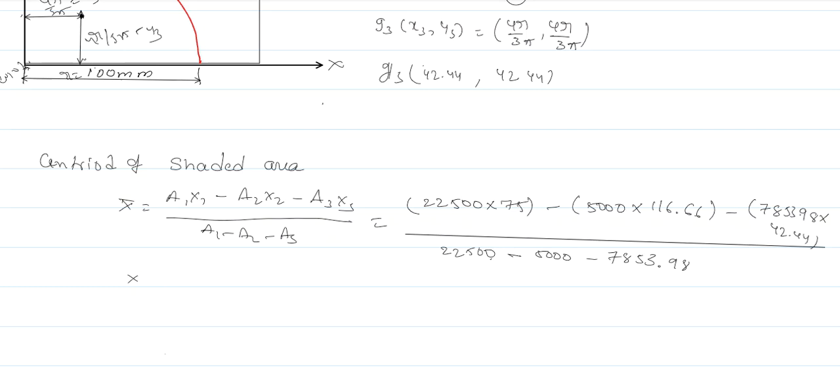So if you substitute all the values and calculate, you will get x bar is equal to 79.916 mm. That is our x bar.